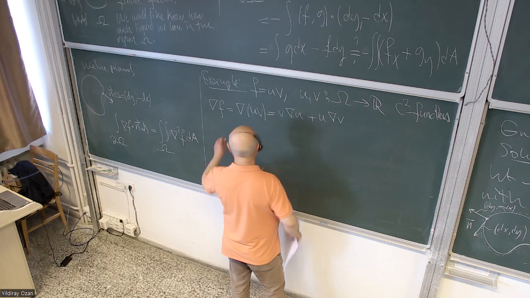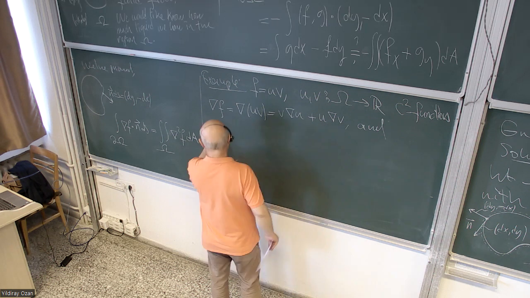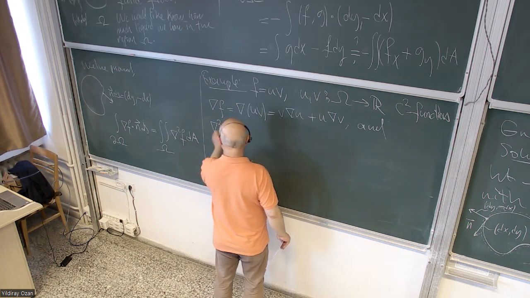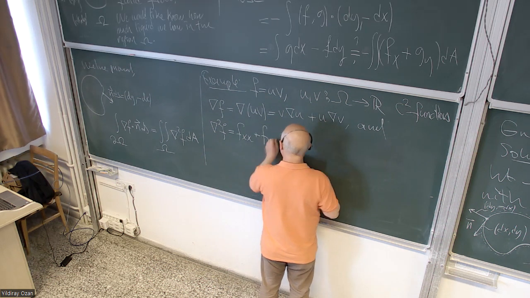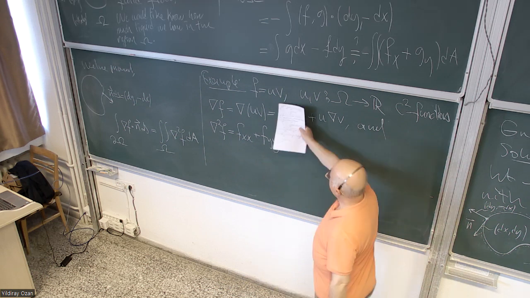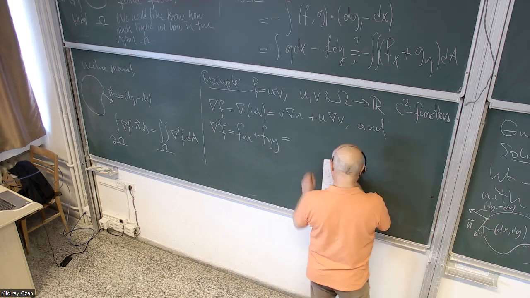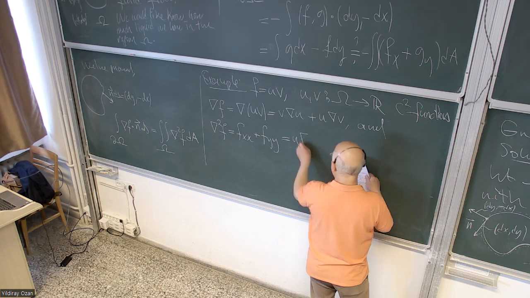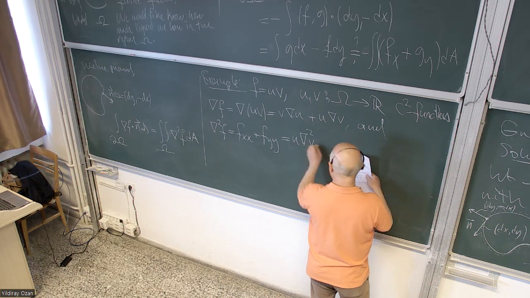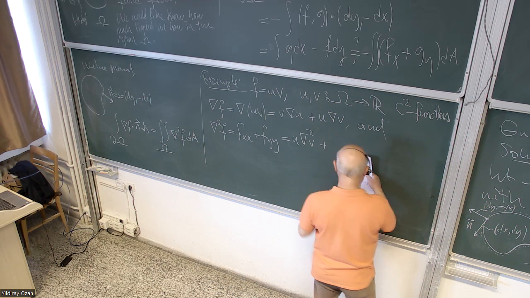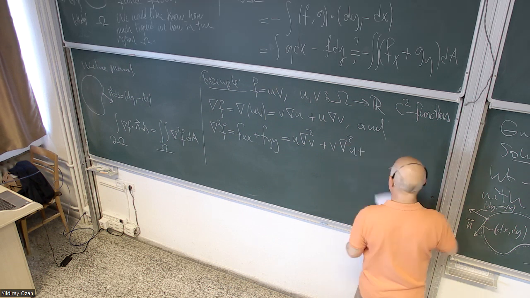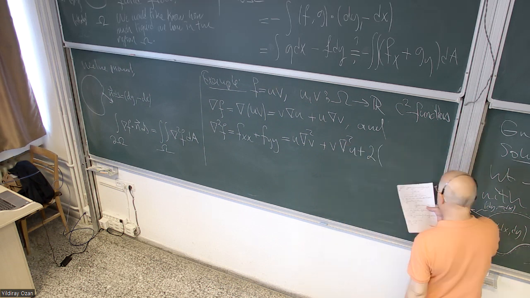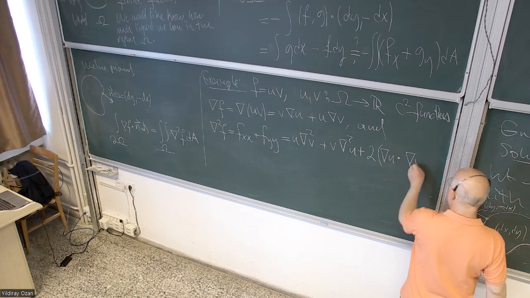Okay, now what about the second derivative? If you take the Laplacian, so this is just f sub xx plus f sub yy. So if you just do this for u times v, you get the following. This is u times the Laplacian of v, plus v times the Laplacian of u, plus 2 times the inner product of the gradients of u and v.